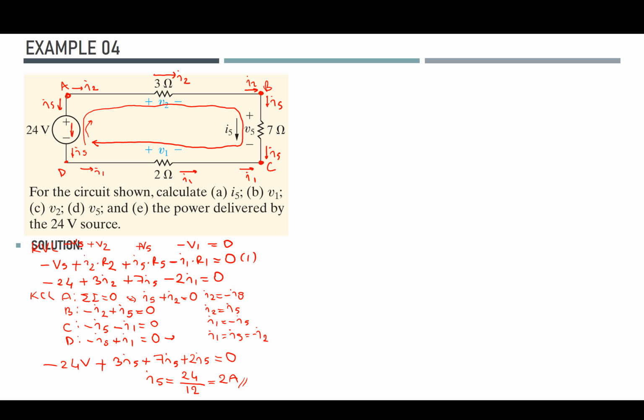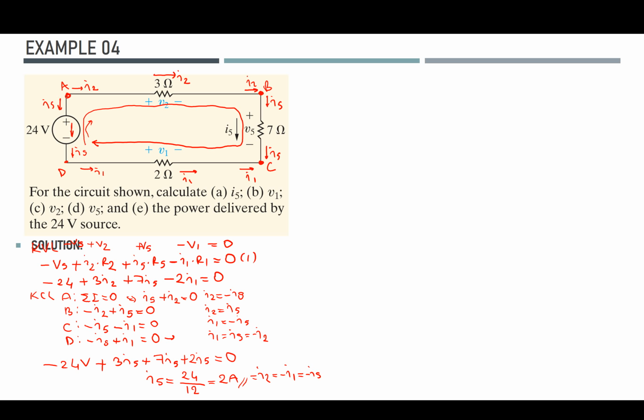So I know that I2 equals to I5, and that will be equal to minus I1, and we can also calculate IS. Since I2 is also equal to minus IS, I can easily write down the currents like this.